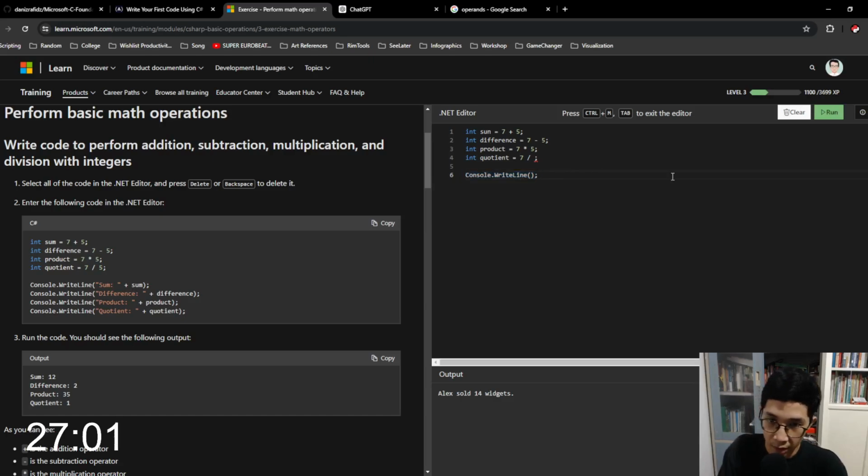But I can copy myself for this. Yeah, the first one is sum, colon, plus sum of the variable, and then difference. Oh, you can say that is different. It's the synonym of subtraction, I think.